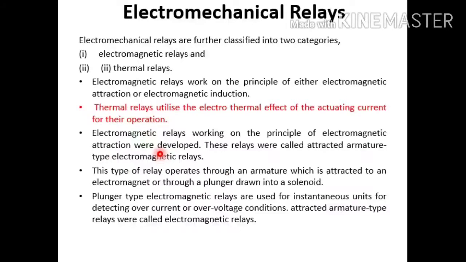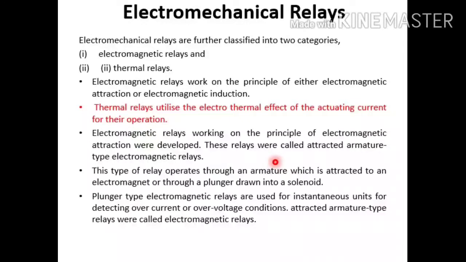So in electromechanical relay, we have two types: electromagnetic and thermal. So basically, the electromagnetic relay is going to work on the electromagnetic attraction as well as electromagnetic induction. We have a brief description of this armature attracted electromagnetic relay in the next module, but it all depends upon the principle of EMI, electromagnetic induction.